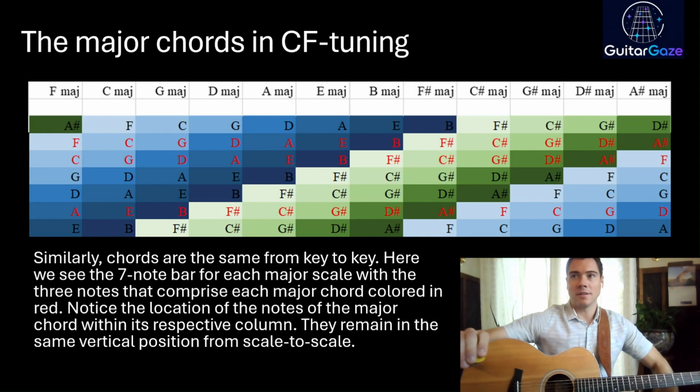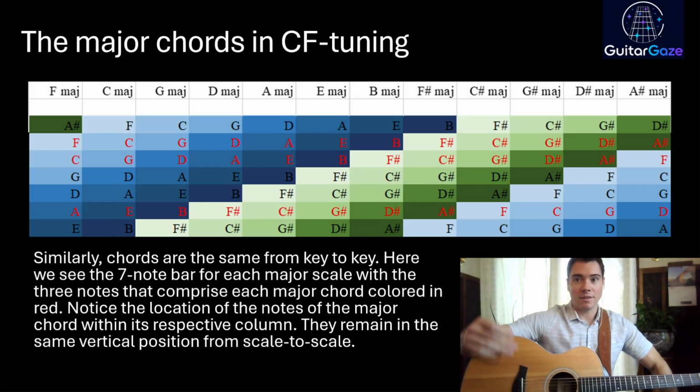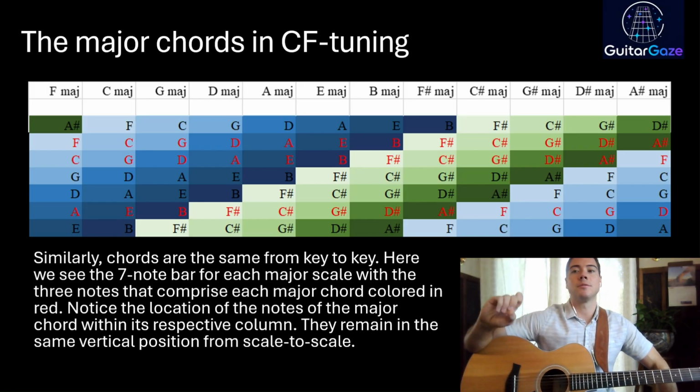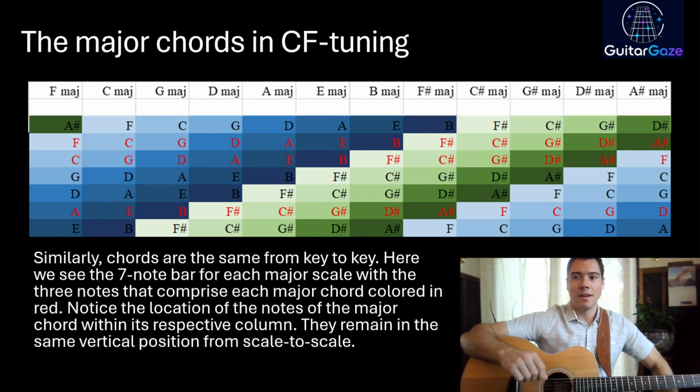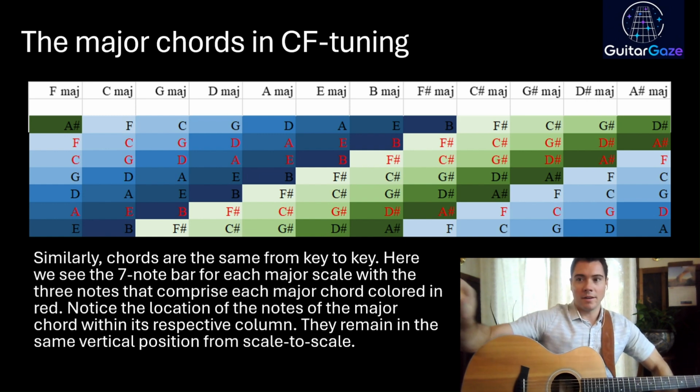Similarly, chords are the same from key to key. Here we see the 7-note column for each major scale, which we just looked at on the last slide. And there are 3 notes in each of these major scales that comprise the major chord. They're colored in red. So the location of the notes of the major chord within its respective major scale remain in the same vertical position from scale to scale.